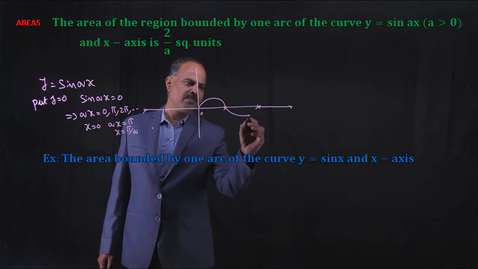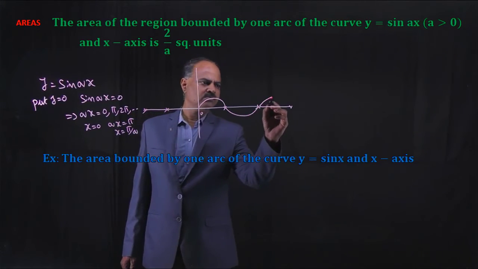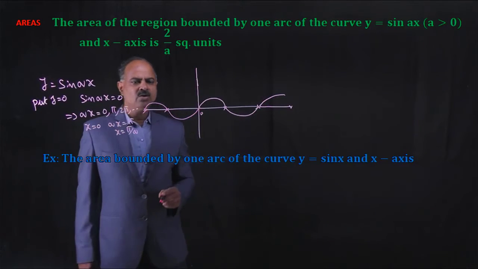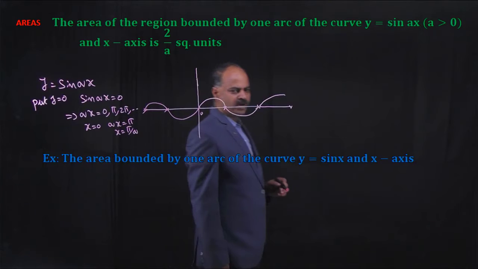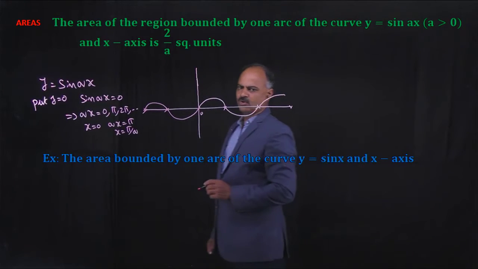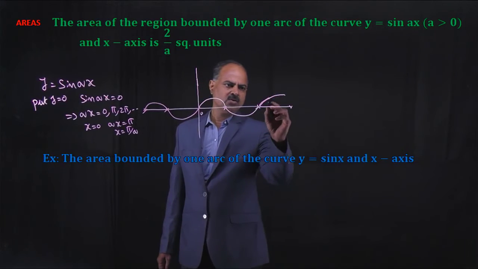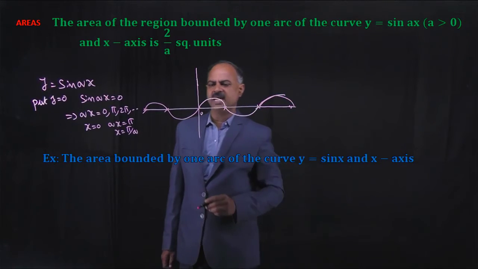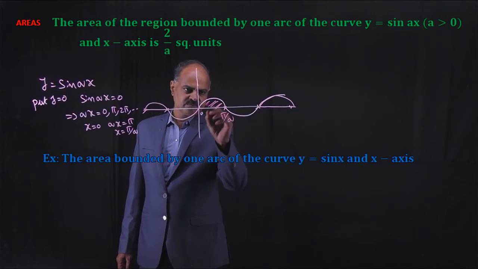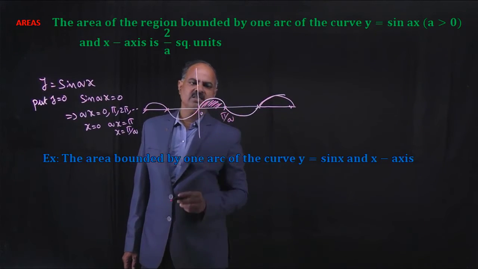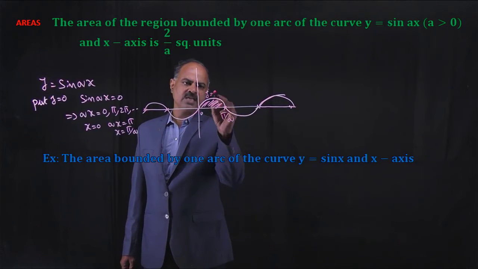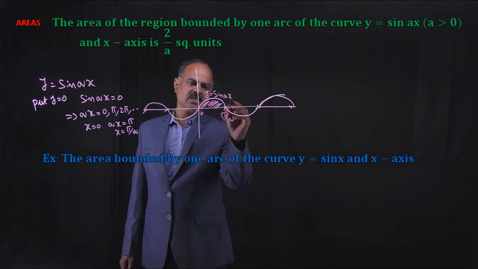So this is pi by 2a and so on. Now I have to find the area of the region bounded by one arc of the curve y equal to sin ax and the x-axis. Now this is equal to pi by a. This is the y equal to sin ax curve.